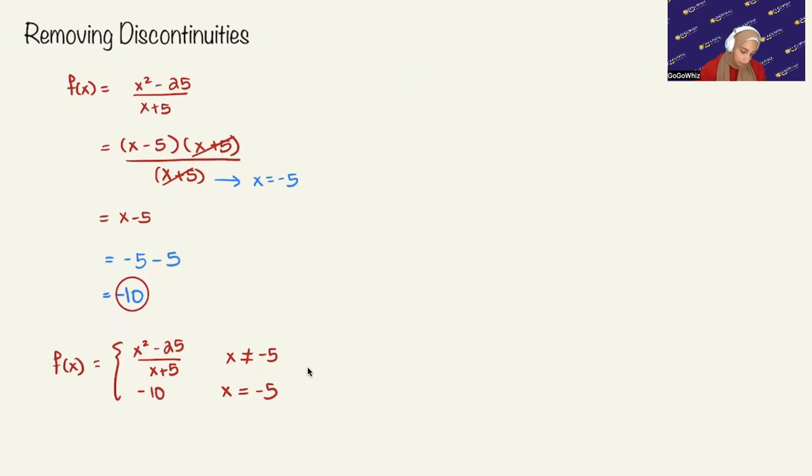Because everywhere f of x exists, and we can see that the limit is equal as well, because this removable discontinuity, when I plugged it in, we got negative 10. So we can see that our function is actually continuous everywhere in its domain, right?